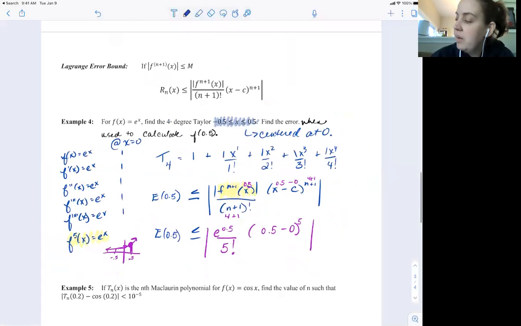Okay, so I'm going to pull out my calculator. And I get e to the 0.5 divided by 5 factorial, times 0.5 to the 5th.